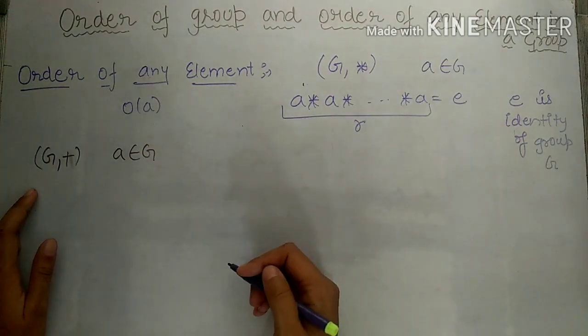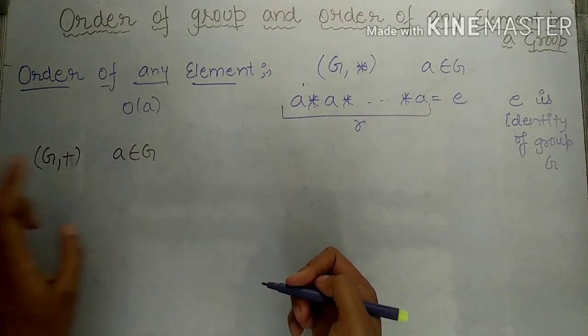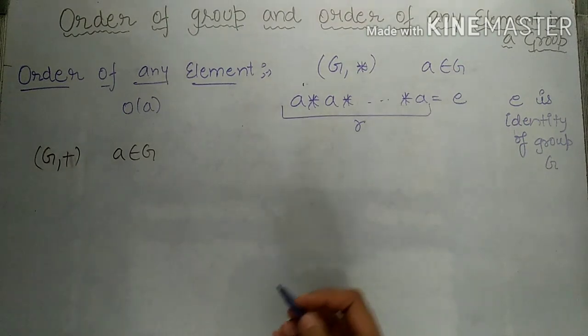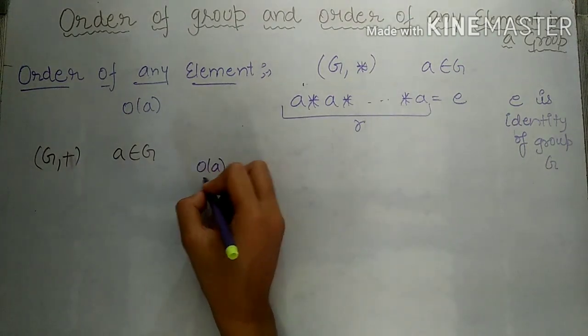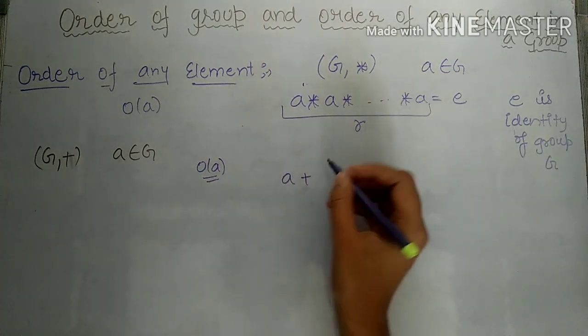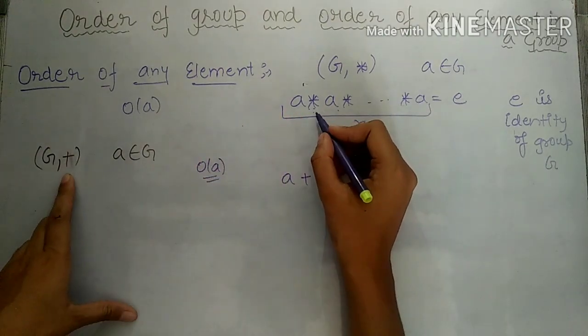So friends, if we are taking any group G with a binary operation of addition, and if we take any element A from the set G, then how will we define the order of A? The order of A will be the least number of times A is to be operated with itself, and here the operation is the operation of addition.